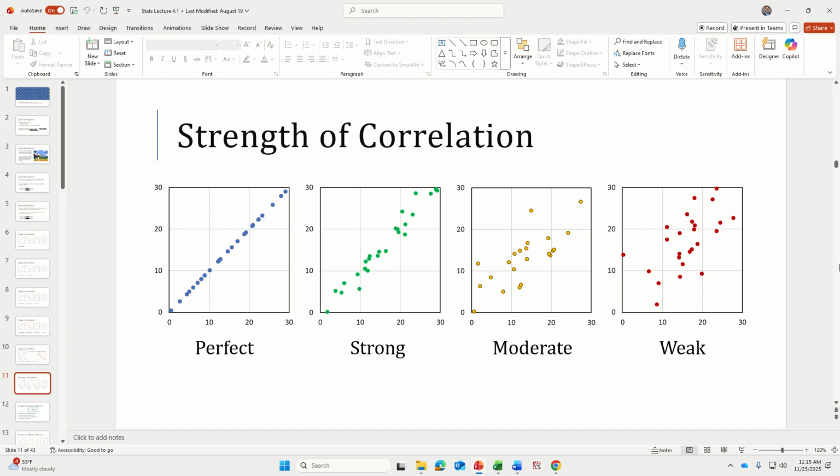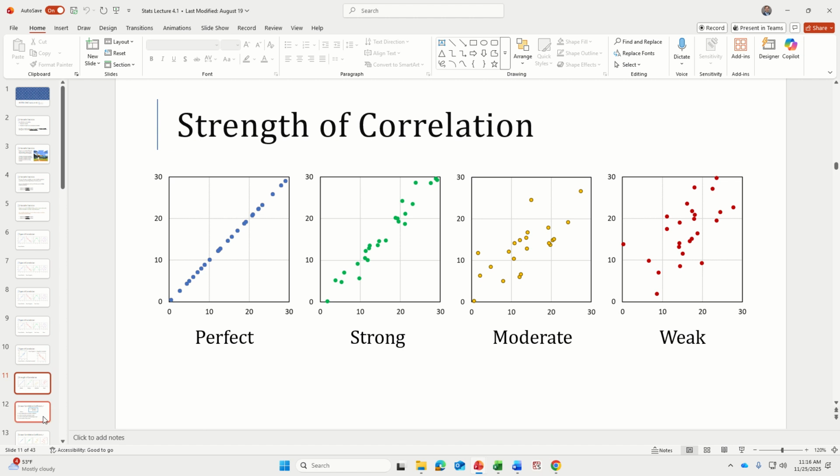A strong correlation means that your points are just about exactly on the line, but not quite there. A moderate correlation means you can tell that it's linear, but there is a lot of dispersion. And then a weak correlation almost looks like no correlation, right? There's just very little trace of a linear trend here for a weak correlation. But these are the words we might use to describe that in pictures to go along.